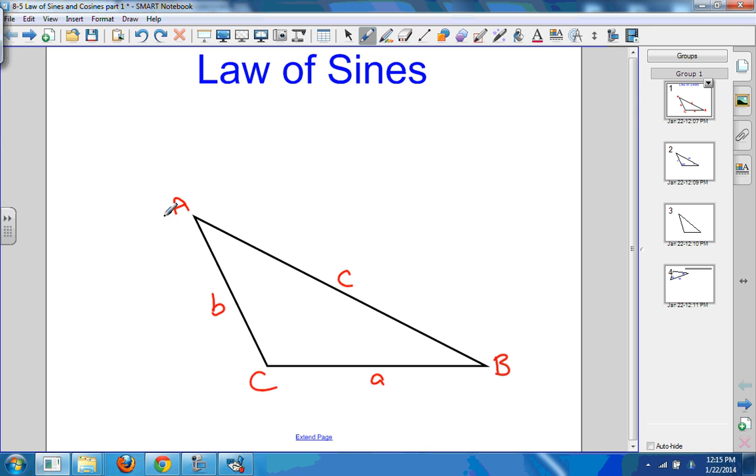Angle A, opposite is side A. Angle B, opposite is side B. And angle C, opposite is side C. So this is what the law of sines says.